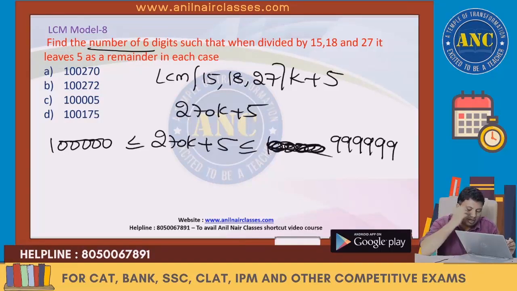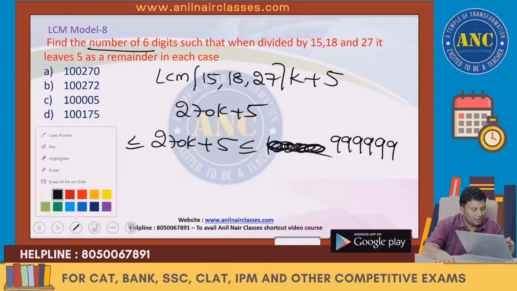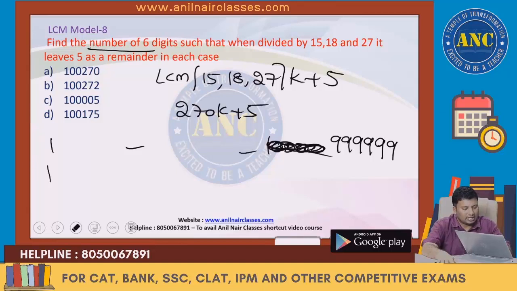This is 1 followed by 5 zeros, right? 5 nines. I hope it is clear, right? Till here it is clear, right?